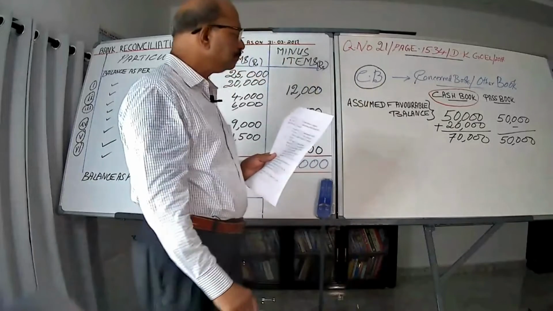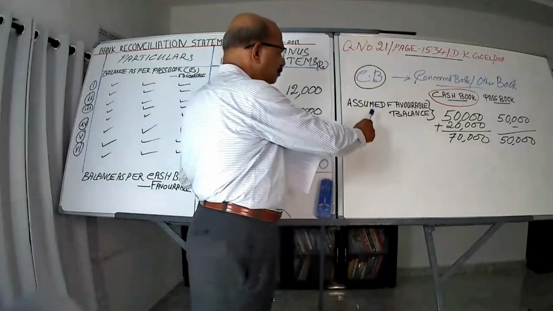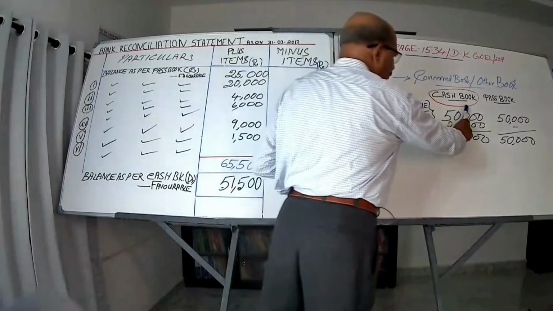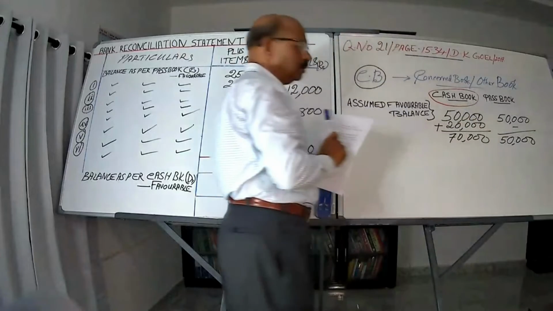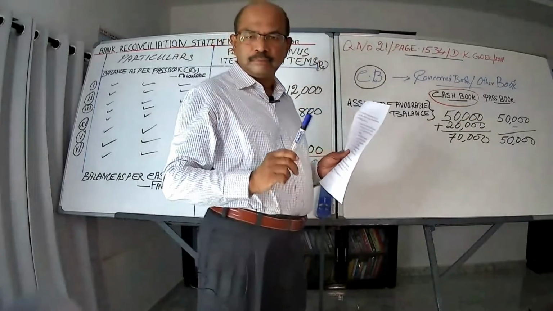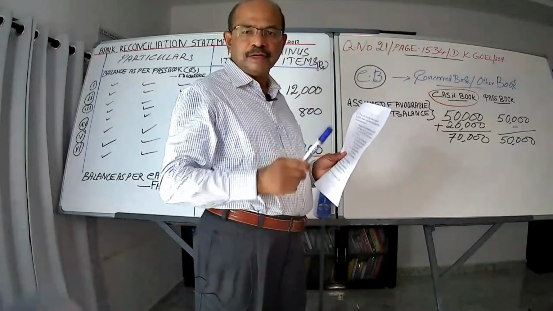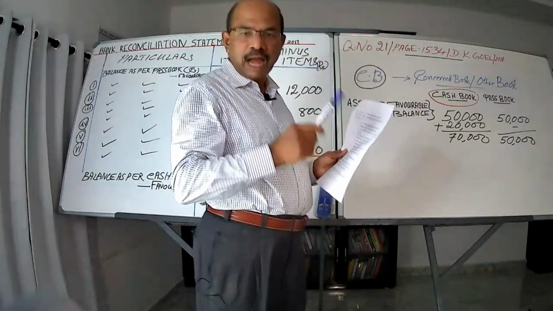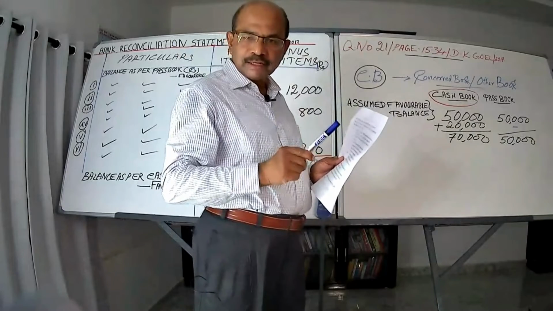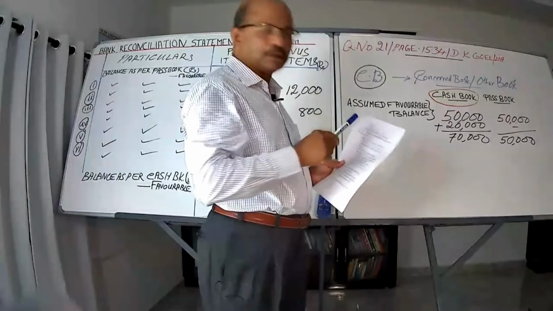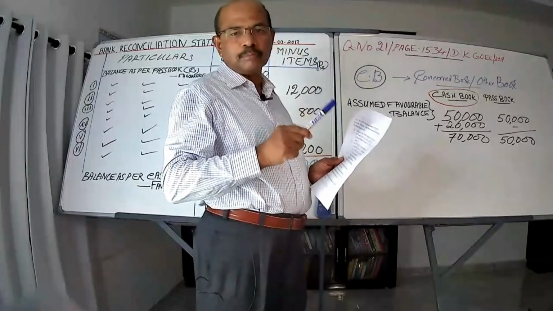So as usual, let's assume a favorable balance in both the books, 50,000 and 50,000 throughout the sum. Okay, it was there. And the discrepancy, we will link to this amount and see after this discrepancy whether in the consigned book, that is cash book, whether the balance has gone up or not.